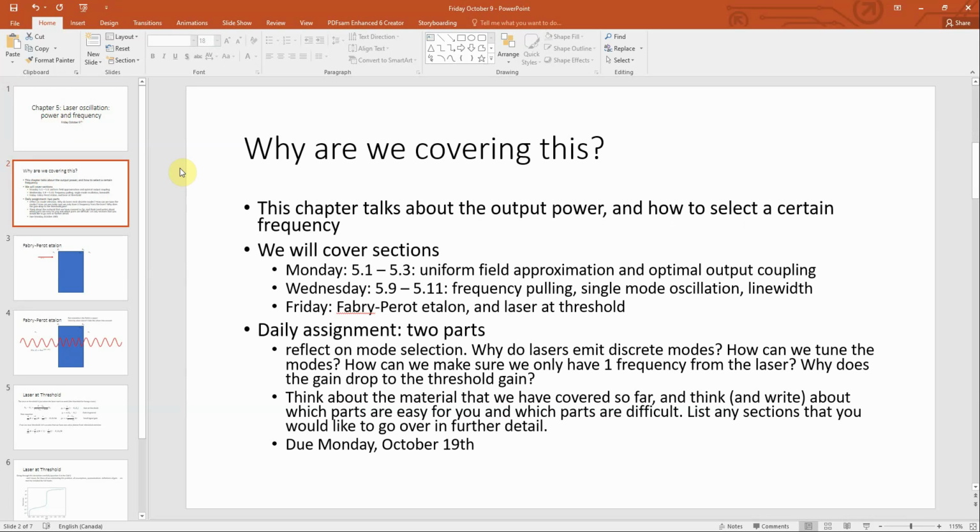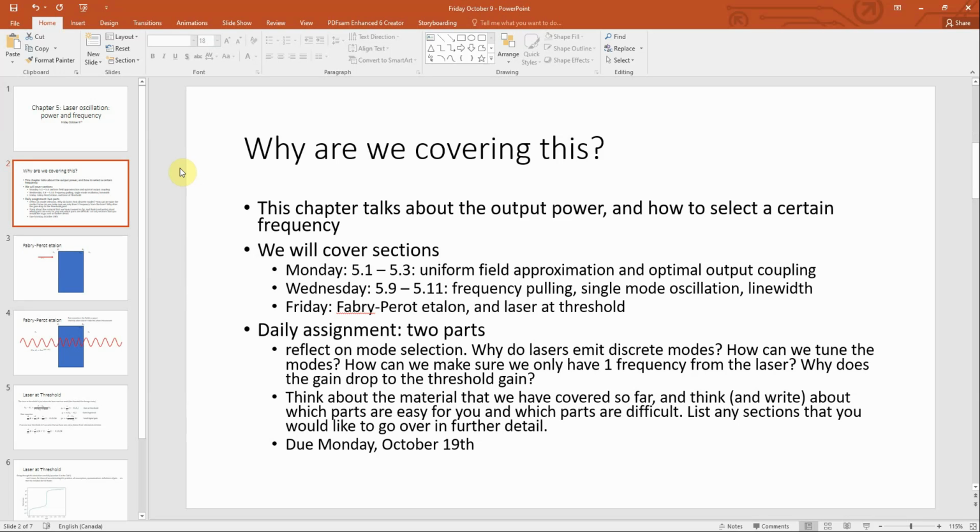So we've talked on Monday, sections 5.1 to 5.3, using the uniform field approximation. We use this uniform field approximation such that the intensity going to the right and the intensity going to the left, or the field going to the right and the field going to the left inside of a laser cavity, are approximately the same.